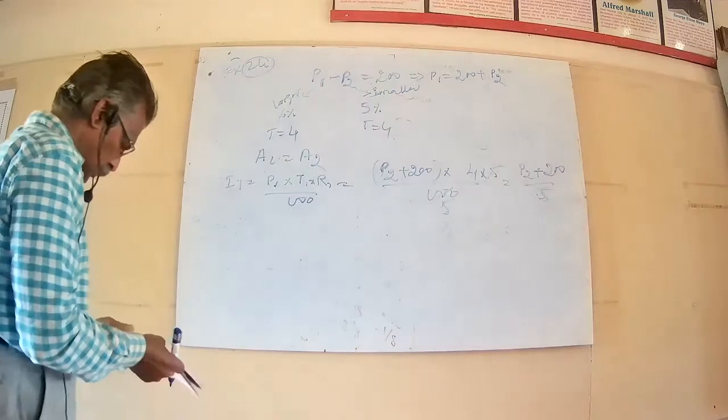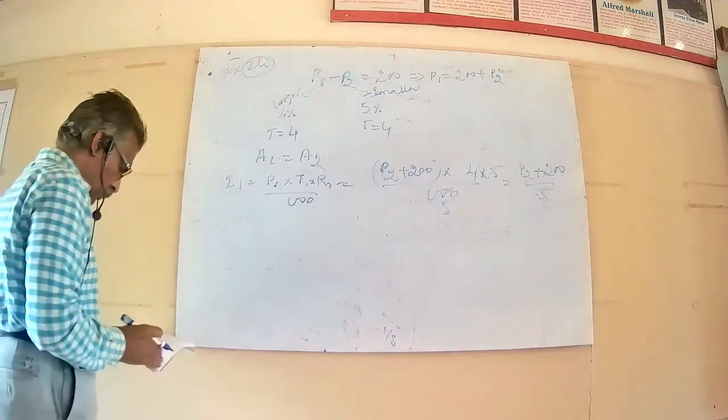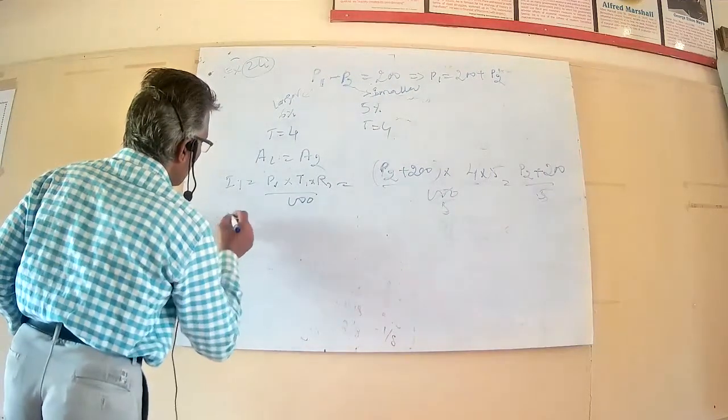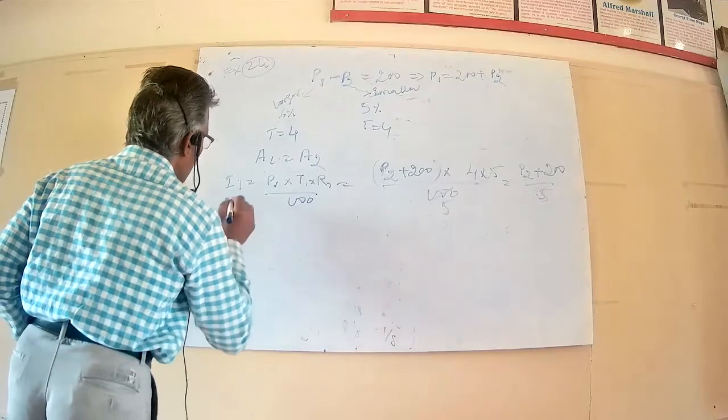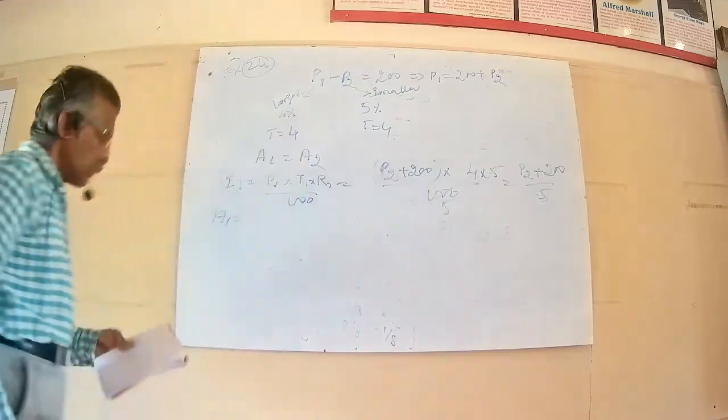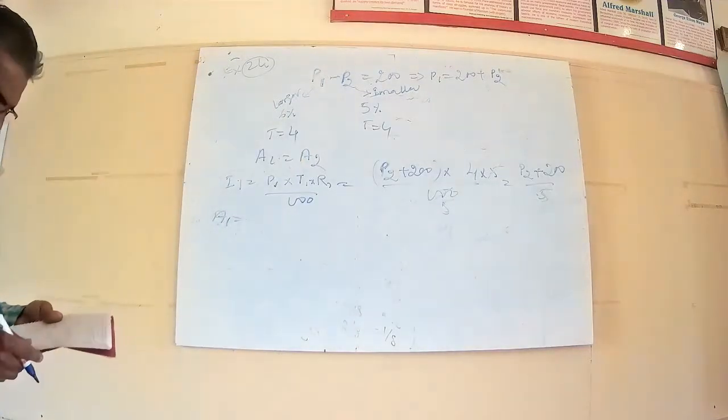Next I2. First we do A1. A1 equal to A2 is already given, so we have to find A1.